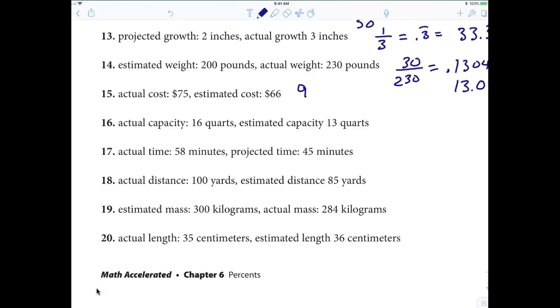I know it looked like it, so you're okay. 9 over what? Over 75. Exactly. So do that on your calculator. Tell me what decimal. 0.12, which equals 12%. All right. So again, I did 75 over 9, my bad. Change divided by the actual.